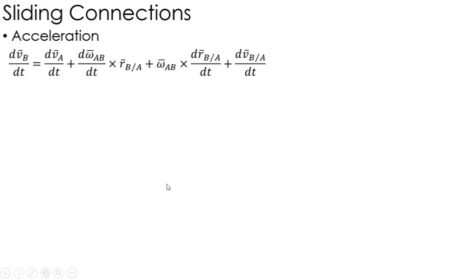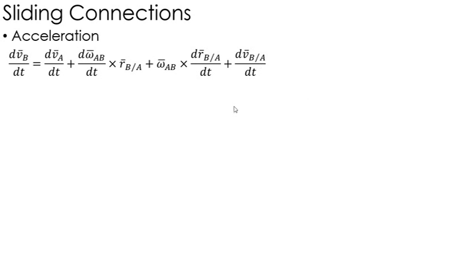Moving on to acceleration, I'm just going to take the time derivative of the equation I just put up there. So I have dv/dt, and then I have d omega/dt times r plus omega times dr/dt. That's just the derivative of the first times the second plus the first times the derivative of the second, plus the time derivative of that sliding velocity.